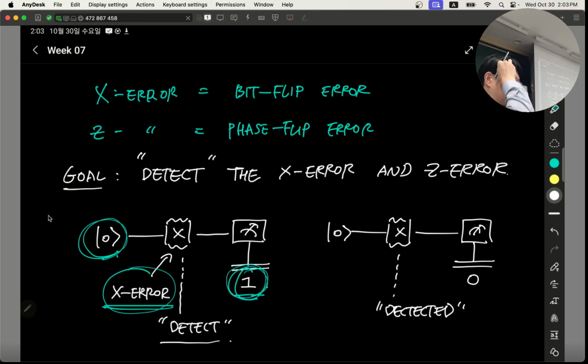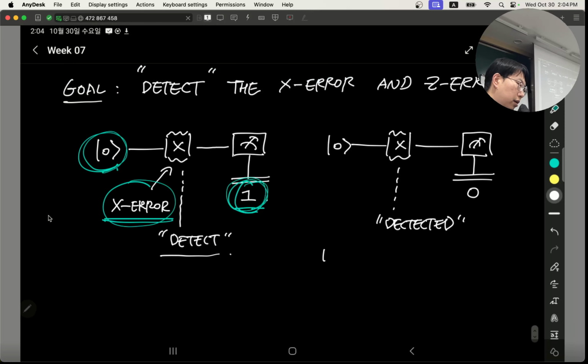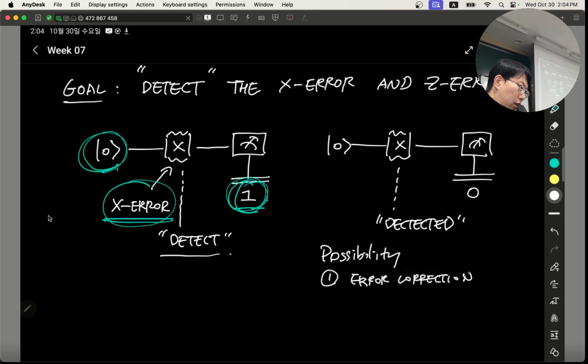One is that, even if I'm sure my error correction is correct, your error correction could fail. There's a possibility that error correction itself could fail. I'm not saying that error correction is 100% accurate. So possibility 1: the error correction failed.